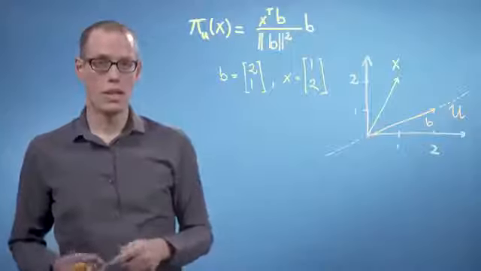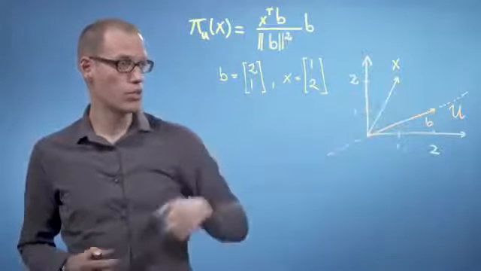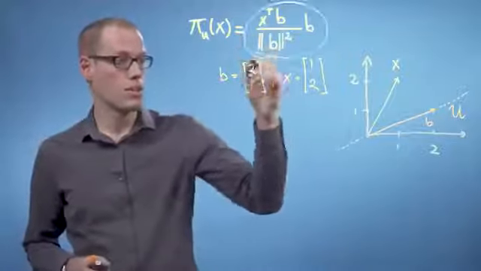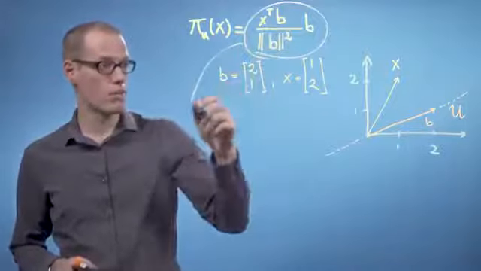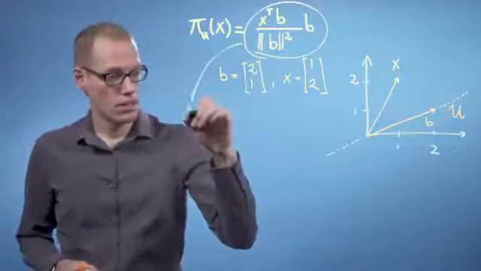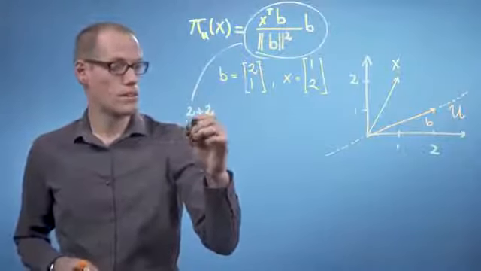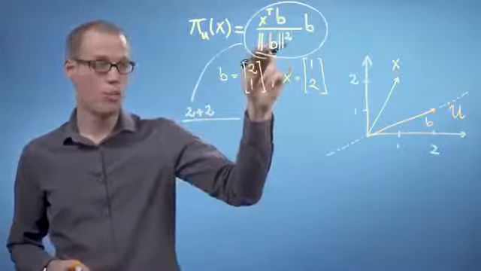So now we're interested in computing the orthogonal projection of x onto U. So using this equation here, we get x transpose times b is 2 plus 2. And now we divide by the squared norm of b.